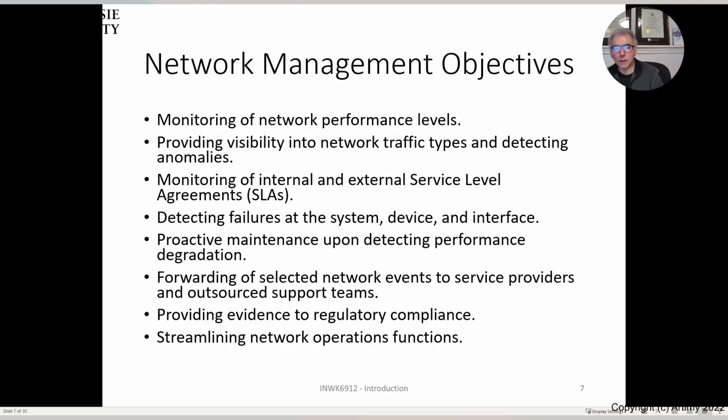Okay, so the general objective of network management is that we need to keep an eye on the performance levels. As I mentioned in the motor vehicle example, you're driving a car, flying an airplane, or riding a motorcycle, whatever the device is, you are continuously monitoring the performance.